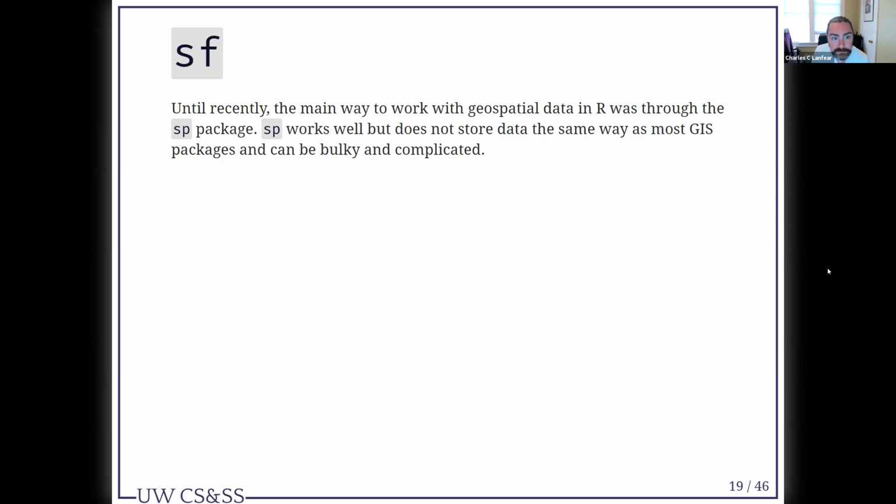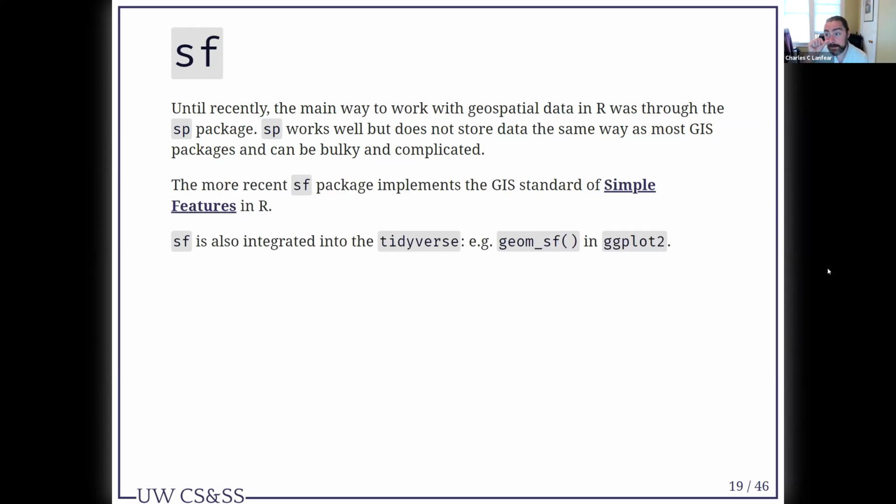Okay, so the more recent sf package, which stands for simple features, implements the GIS standard ISO simple features in R. If you click a link like this, you'll get some Wikipedia information on simple features. The neat thing about sf is that, unlike the sp package, it is well integrated into the tidyverse stuff that I've shown. It's not reliant on the tidyverse.